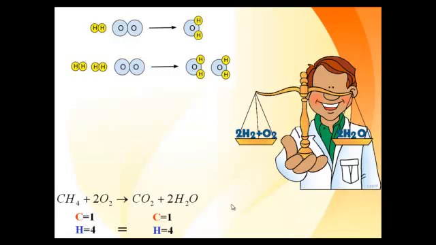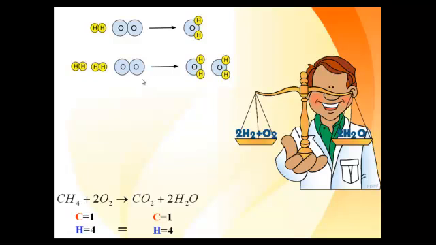Formation of water molecule. During the formation of water molecules, 4 hydrogen atoms join with 2 oxygen atoms to form 2 water molecules. Look at the number of hydrogen atoms: there are 4 hydrogen atoms in reactants and 4 hydrogen atoms in products.